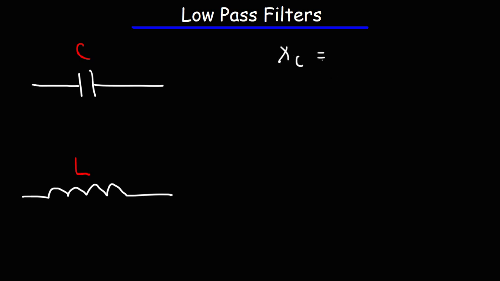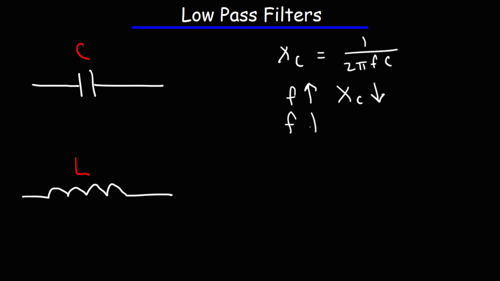Now there's something that I want to mention regarding capacitors and inductors. As we've seen earlier in this video, the capacitive reactance is 1 over 2 pi FC. So as we increase the frequency, the capacitive reactance decreases because F is on the bottom. These two are inversely related.